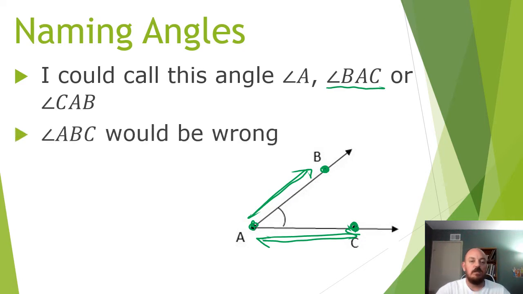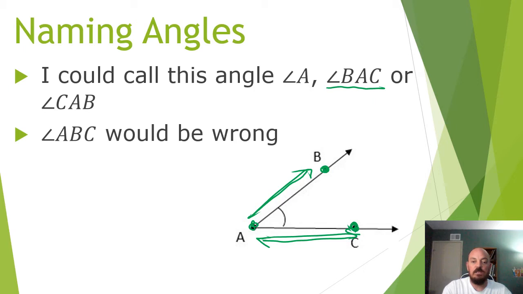Now, ABC is not this angle. So it's important to remember the order does matter. You can't just throw the letters. A lot of people will go, okay, I see 3 points, A, B, and C. I'm going to put them in alphabetical order and just call this angle ABC. Well, I'll draw that angle for you.